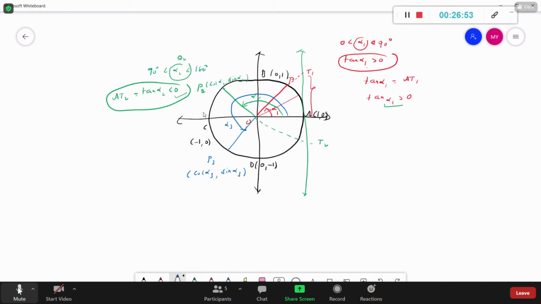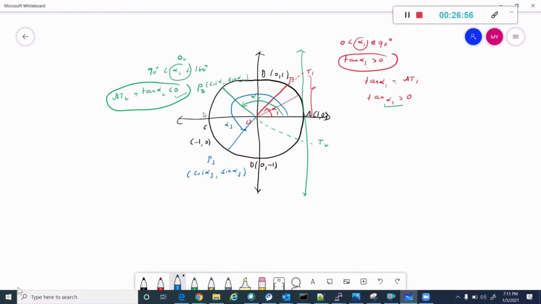Okay, so in Q3, I can't extend like this because it will never meet this line. We have to extend this line. Say this is T3. This is AT3, right?